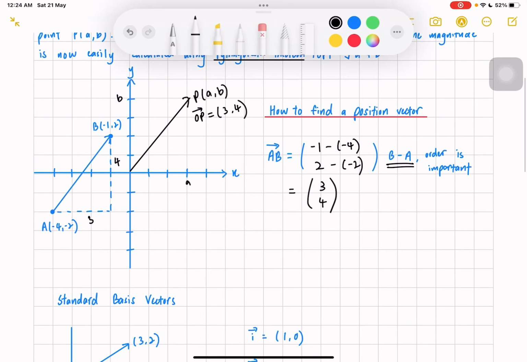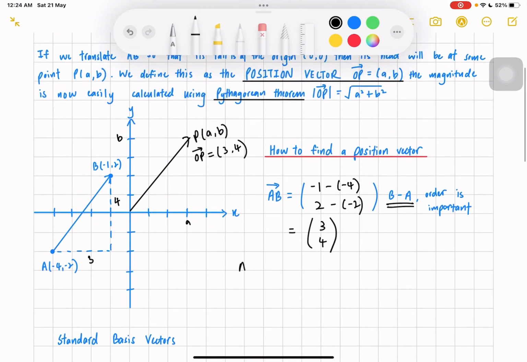So in general terms, we can find the position vector of AB by subtracting the first x coordinate from the second x coordinate, and the first y coordinate from the second y coordinate. And now the magnitude. To find magnitude, we simply find the square root of the sum of squares.